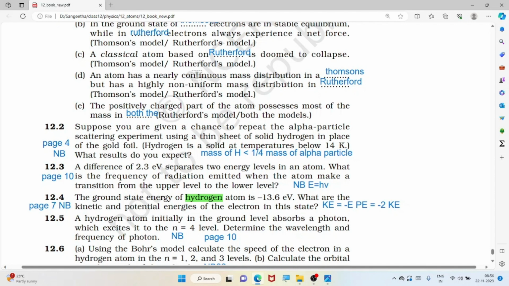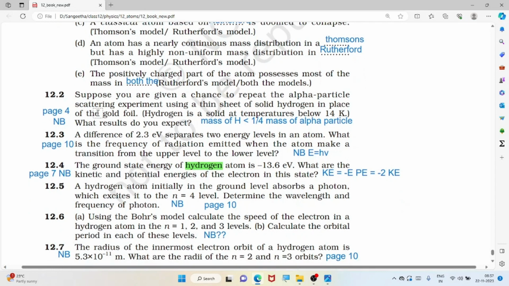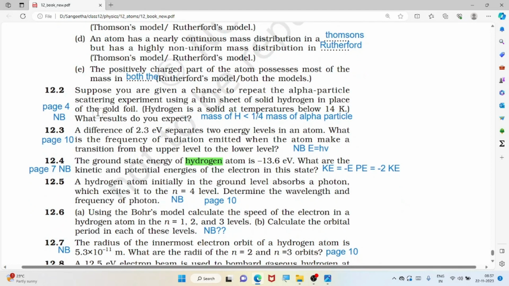But Thomson's model has a nearly uniform, continuous mass distribution. In both models, the positively charged part of the atom possesses most of the mass.